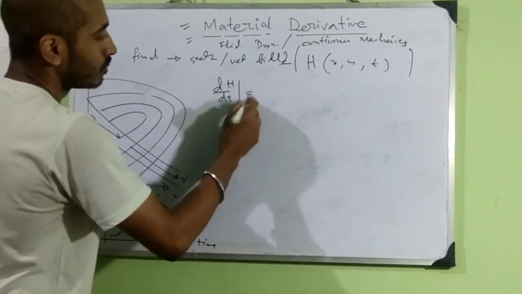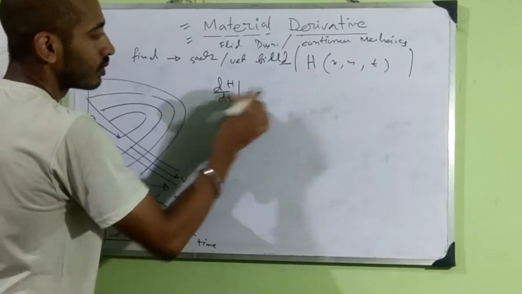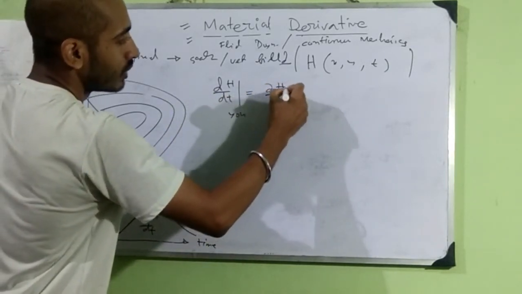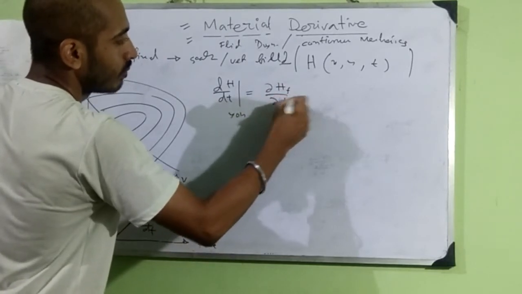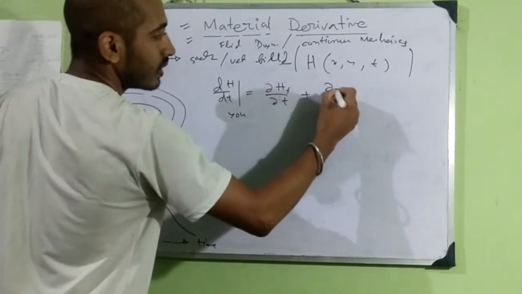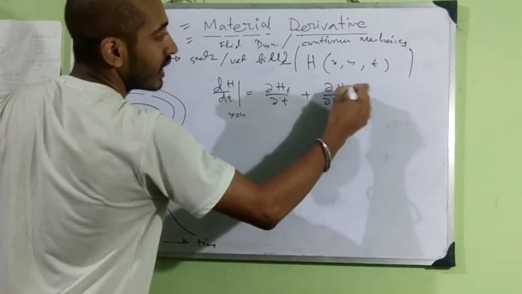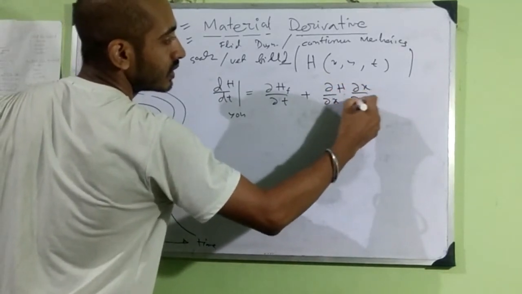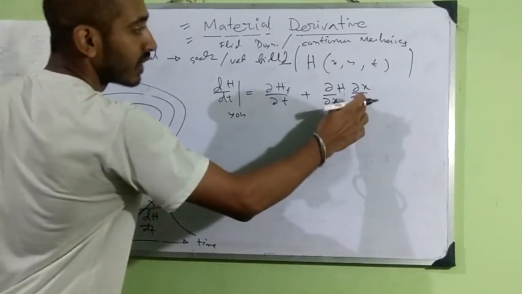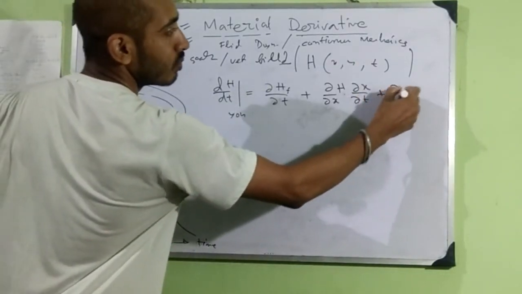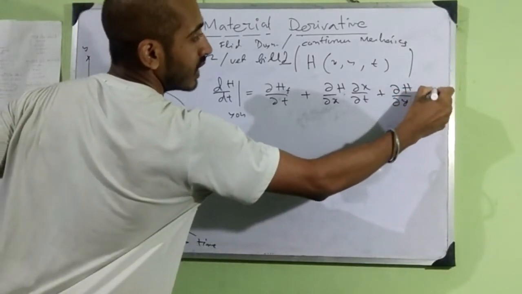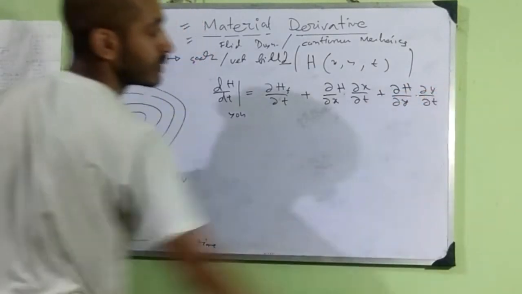So according to partial derivative, let's give the change of heat field with time, added with del x/del t times del h/del x, as the spatial variables are implicit functions of time. So by the chain rule of partial derivatives, this gives this.